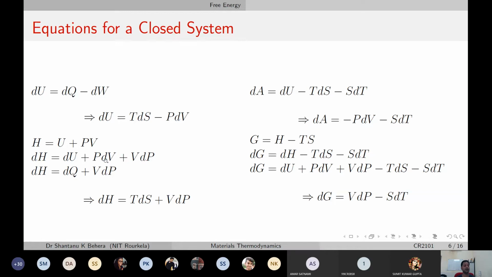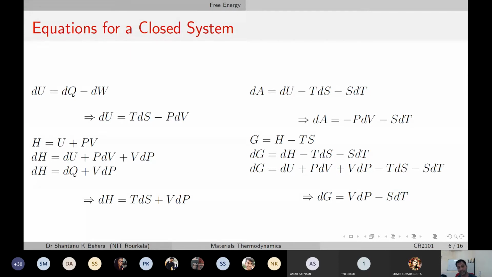This PdV is the constant pressure volume work itself, and that gives you dq plus VdP. And again, that dq, based on the second law, is TdS. So you have dH is TdS plus VdP.